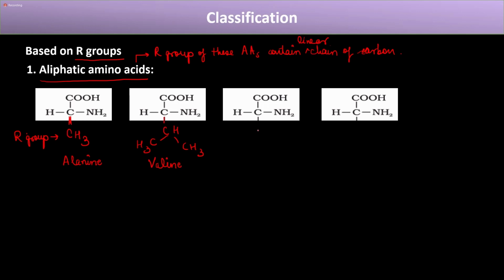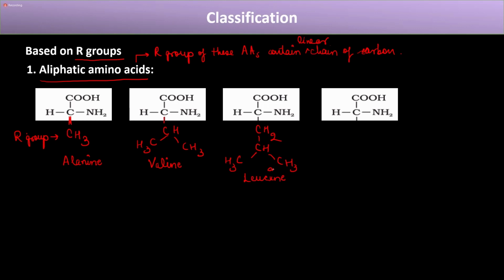Now, the third aliphatic amino acid has CH2, CH. Just remember valine, in which you will add CH2 at the top. It will become your next amino acid, that is leucine. And the fourth aliphatic amino acid is an isomer of this leucine.